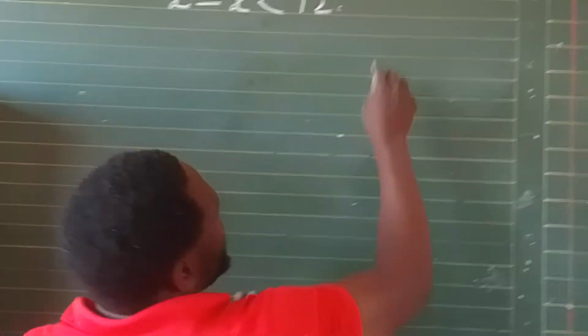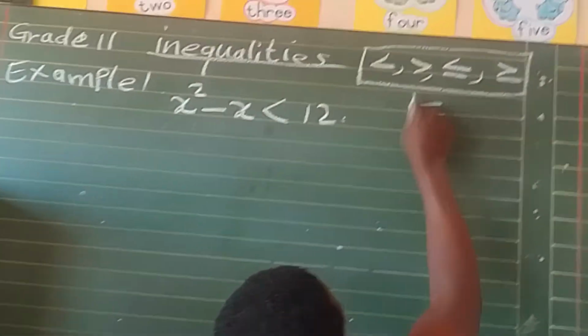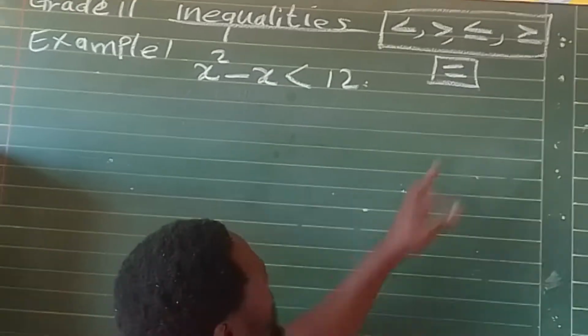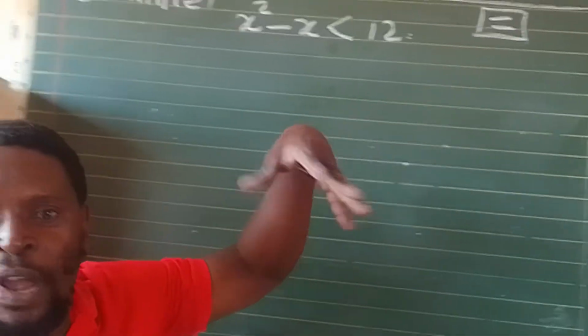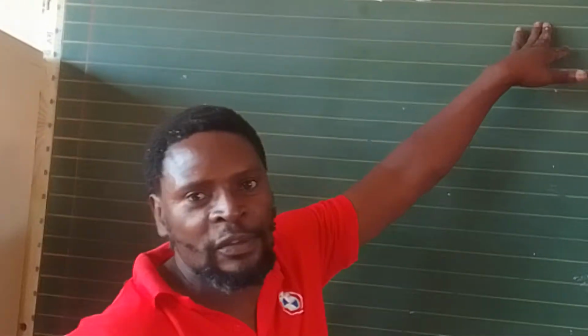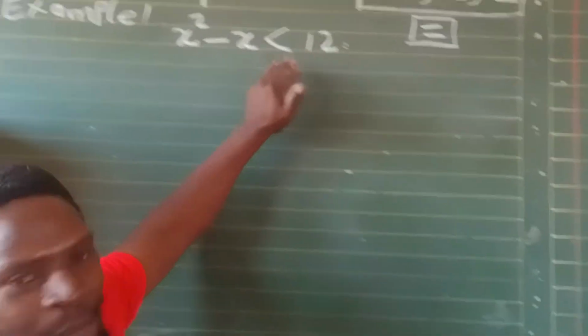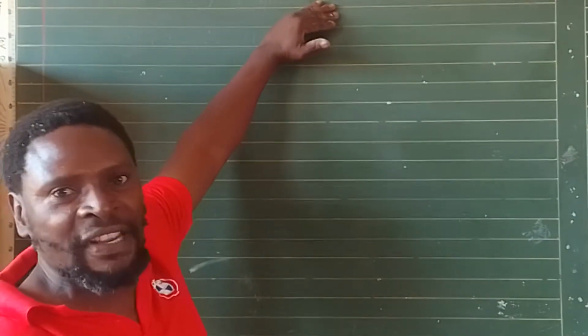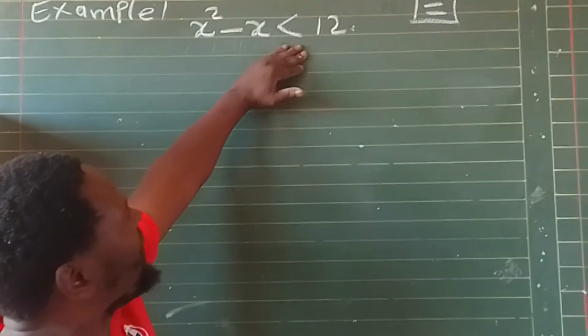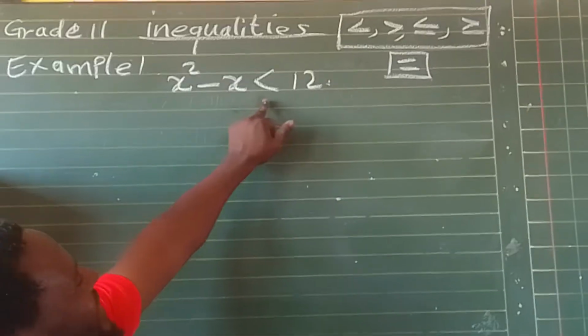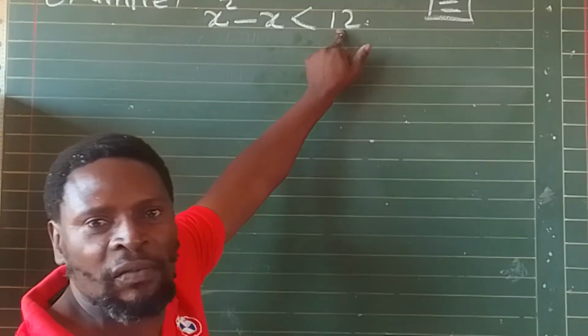No longer an equal sign. But at the end we resort to the equal sign when we're solving the problems. But bear in mind the condition that we're given. Here we're given that x squared minus x is less or equals to 12.